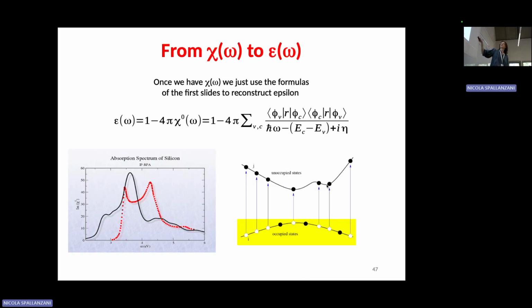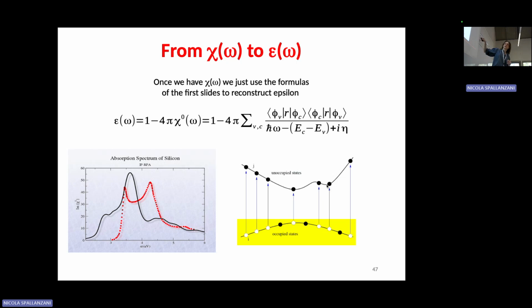So with this expression, we obtain epsilon, the dielectric function, at an independent particle level. It means that we are just describing single particle excitations without including local field.